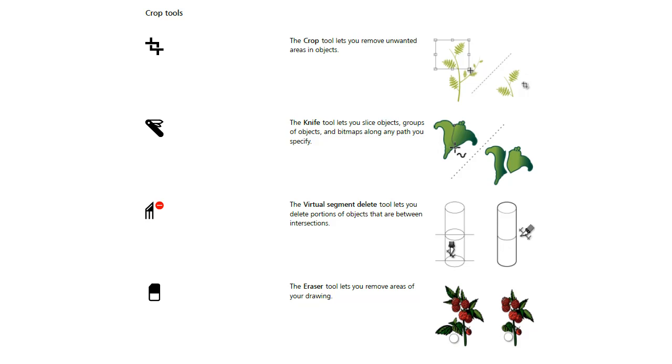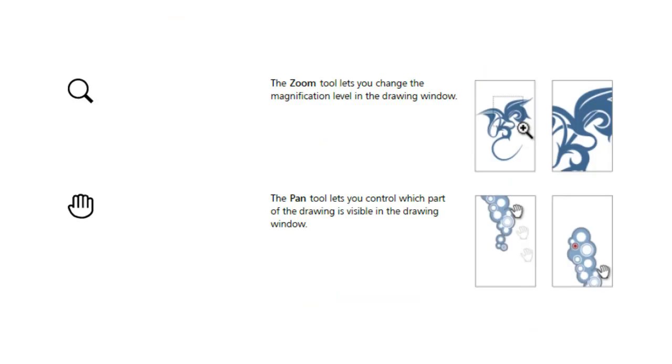The Eraser tool lets you remove areas of your drawing. The Zoom tool lets you change the magnification level in the drawing window. The Pan tool lets you control which part of the drawing is visible in the drawing window.